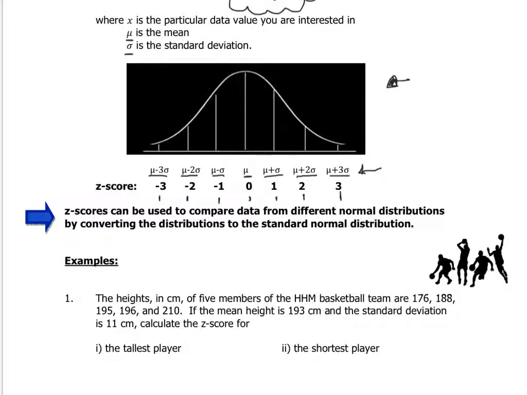So if you compare them all to the same type of normal distribution, where the mean is considered 0 and you're just talking about the distance in standard deviations, 1, 2, 3, -1, -2, -3 from the mean, it's easier to see which data is better, or which data has better results, or not as good results, or whatever you're interested in.